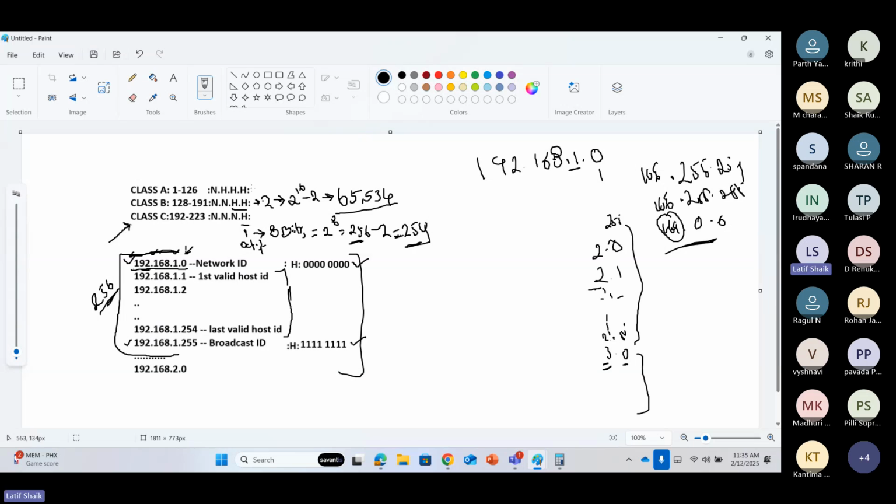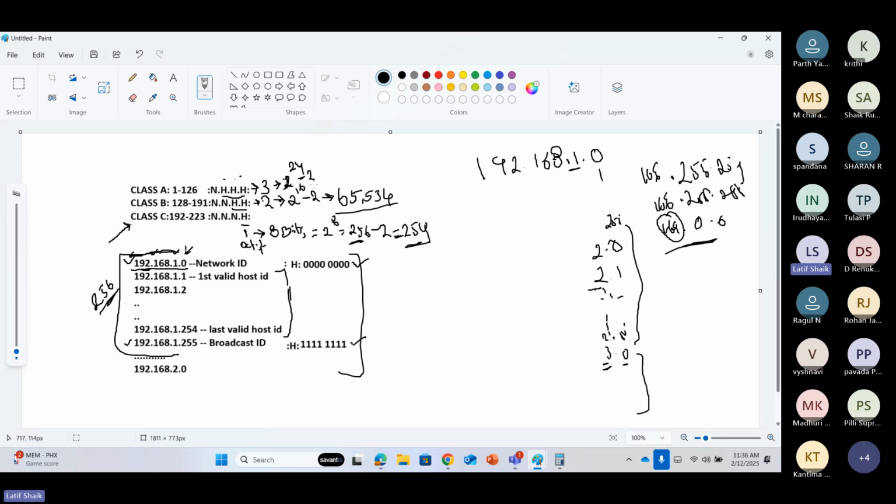And coming to class A, how many host portions are there? 3 host portions. So 8 plus 8 plus 8, totally 24.